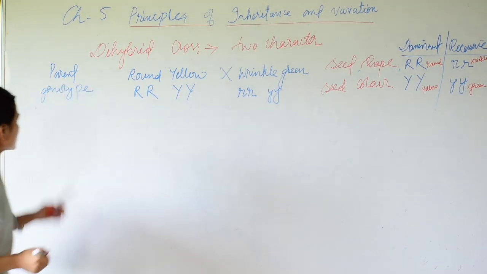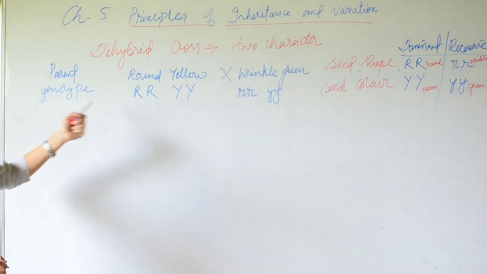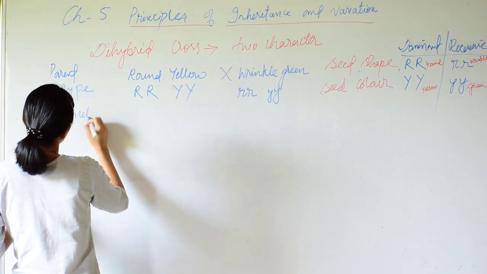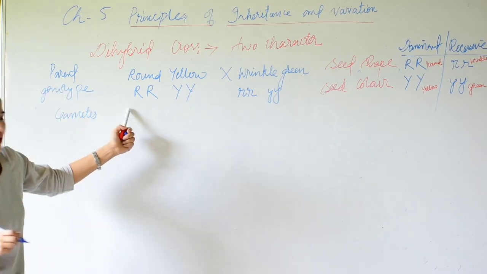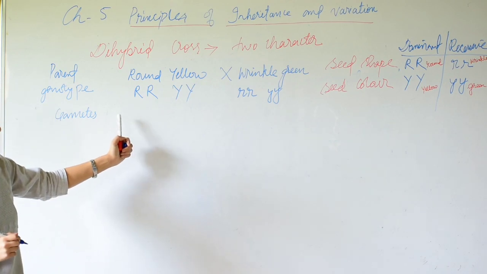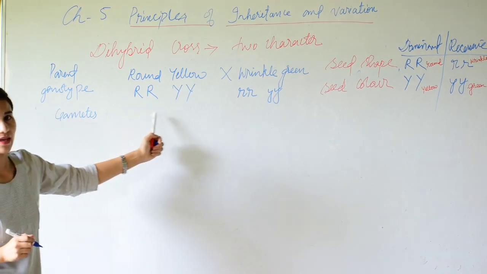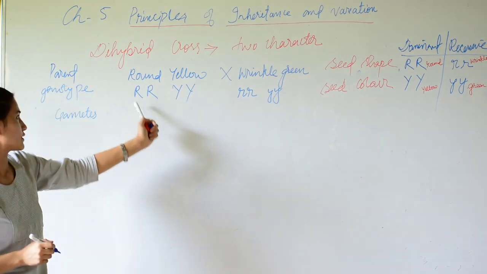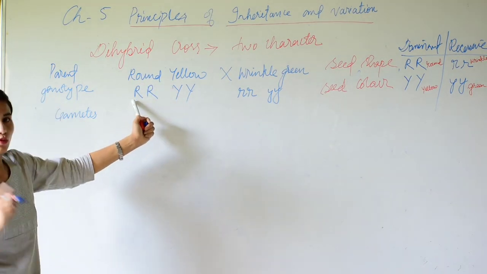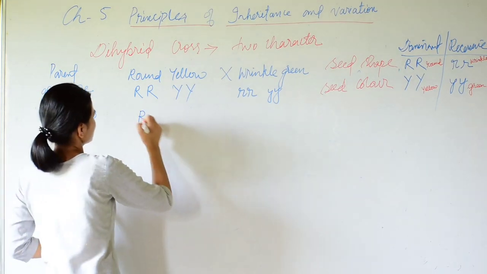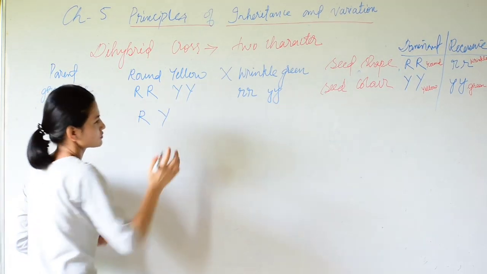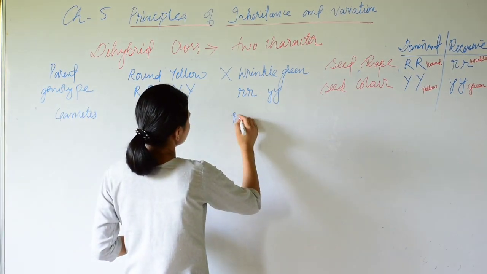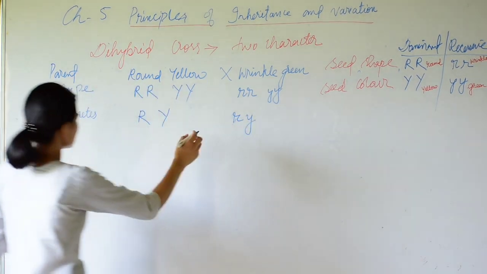The next step is we will find out the gametes. Since this is a homozygous case, in dihybrid cross, in the homozygous case, we can take just one allele of each character. That is, from the round we will choose one allele, capital R, and for the yellow we will choose one Y. And here the same goes. This is our gamete.